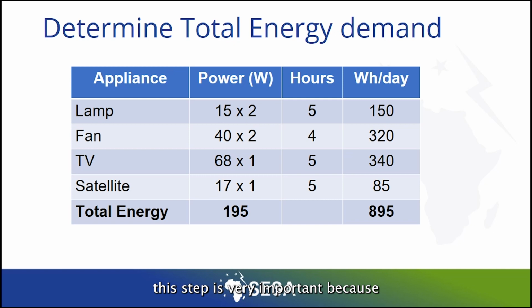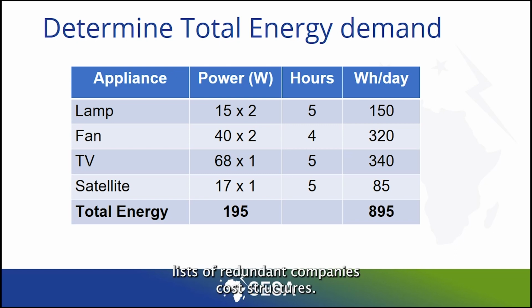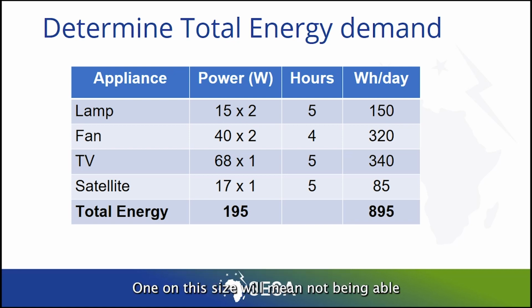Of course, this step is very important because when it is not done properly, it can lead to either oversizing or undersizing. Oversizing of the system would lead to waste or redundant components and extra cost, while undersizing will mean not being able to provide the energy demand.